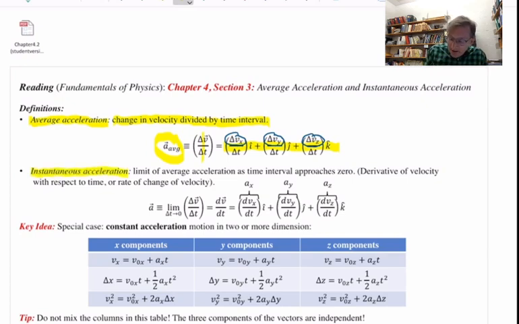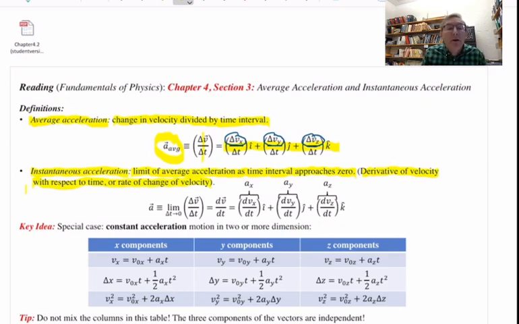Take the average acceleration and express it in the limit as the time interval approaches 0 or becomes infinitesimally small. And what you end up with, just like in Chapter 2, is the derivative of the velocity with respect to time, also called the rate of change of the velocity. So here's the notation.